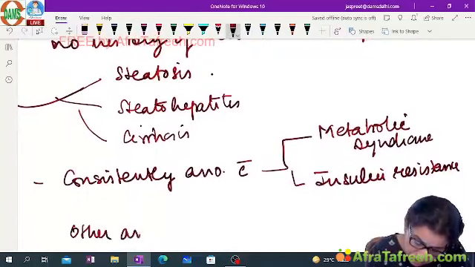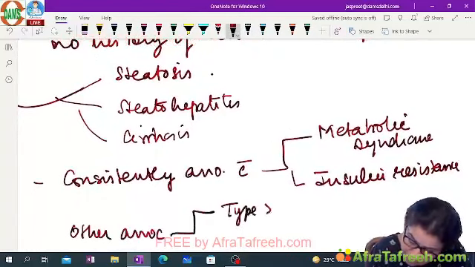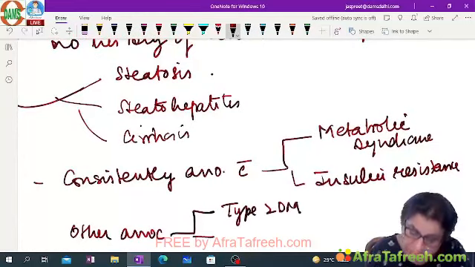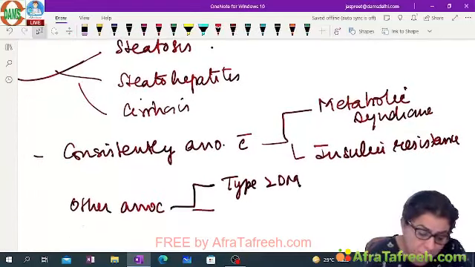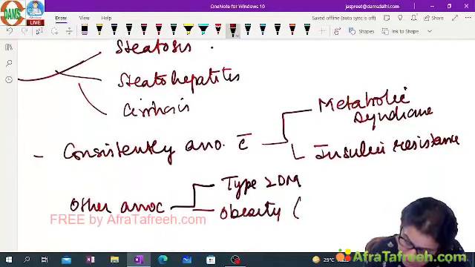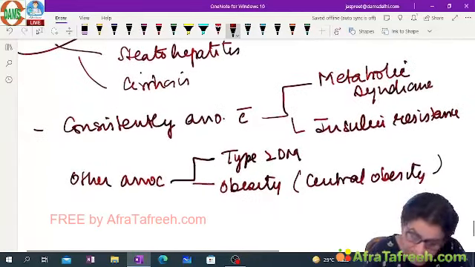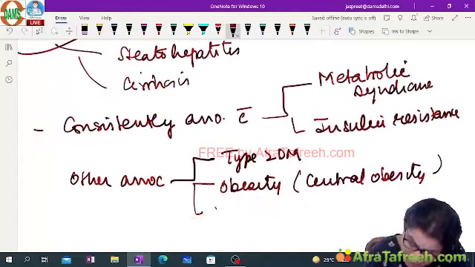Other very important associations are type 2 diabetes mellitus. So these patients can have type 2 diabetes, obesity, usually central obesity, then dyslipidemias.